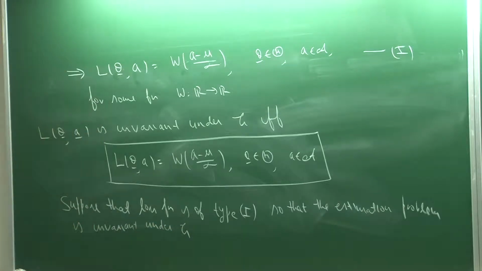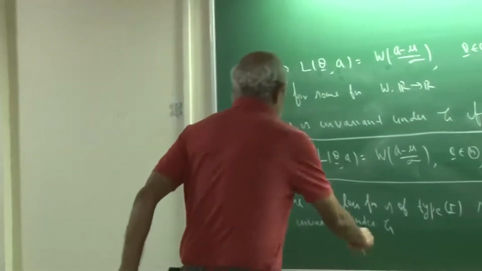So I assume W to be a convex function so that I can restrict only to the non-randomized decision rules.